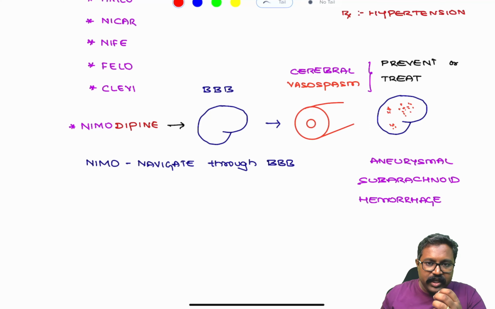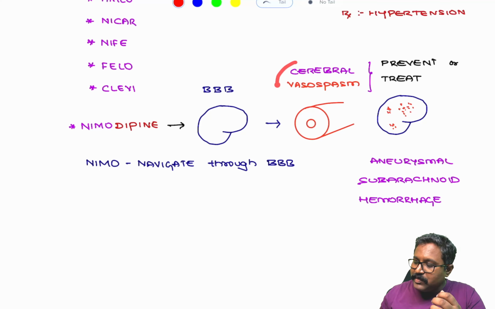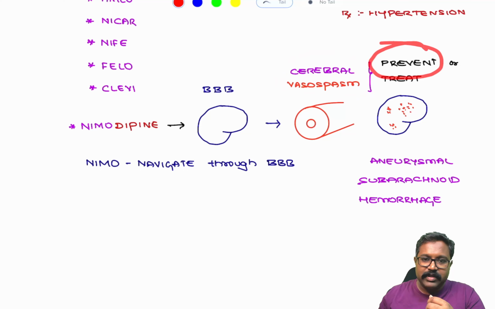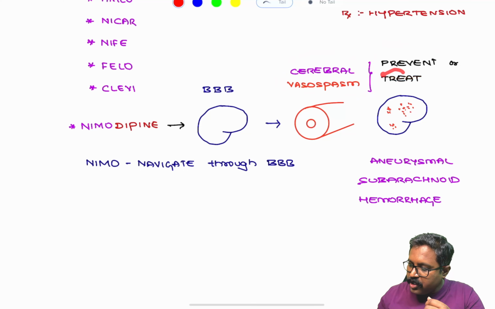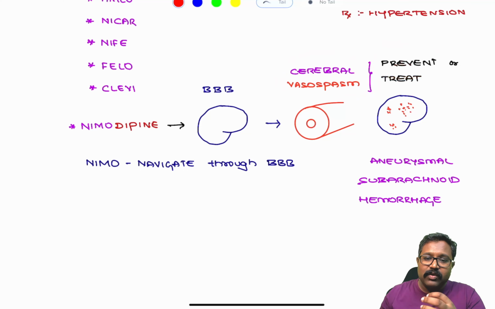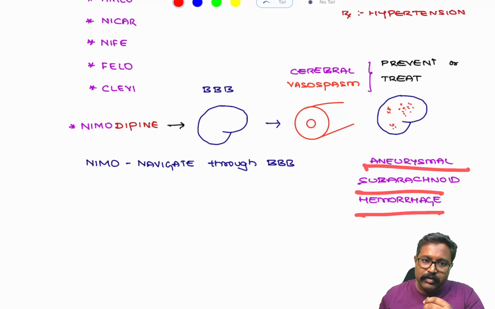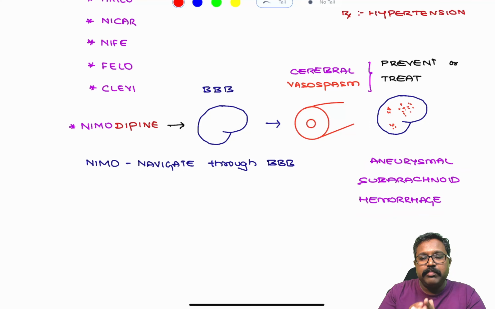So basically where can it be used? It can be used to overcome cerebral vasospasm. You can prevent or treat cerebral vasospasm due to aneurysmal subarachnoid hemorrhage. So where do we use nimodipine? Nimodipine is used in the treatment or prevention of cerebral vasospasm occurring following aneurysmal subarachnoid hemorrhage.